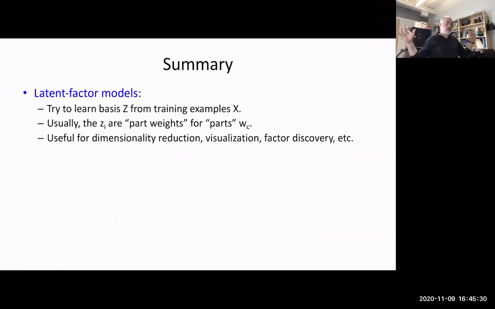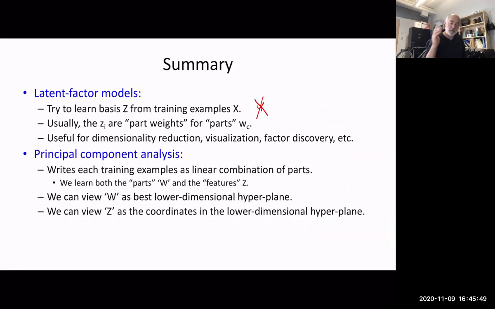So latent factor models try to learn a basis Z from training examples X. There's no Y. Usually the Zs are some sort of part weights for parts W. It's useful for dimensionality reduction, visualization, factor discovery, and so on.